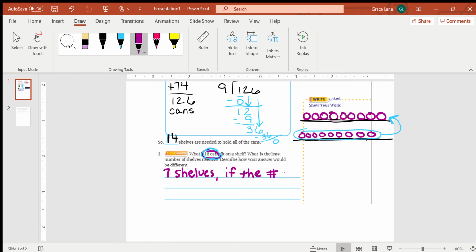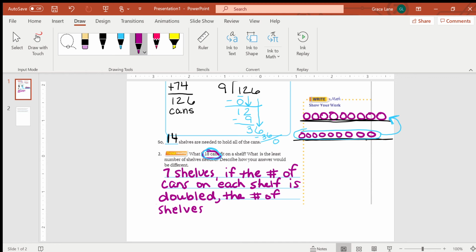If the number of cans on each shelf is doubled from 9 to 18, the number of shelves, remember when you have an F at the end, you're changing it to multiple shelves, it turns into a V. The number of shelves needed is cut in half, like my picture kind of showed you. Okay, so that's number 2.